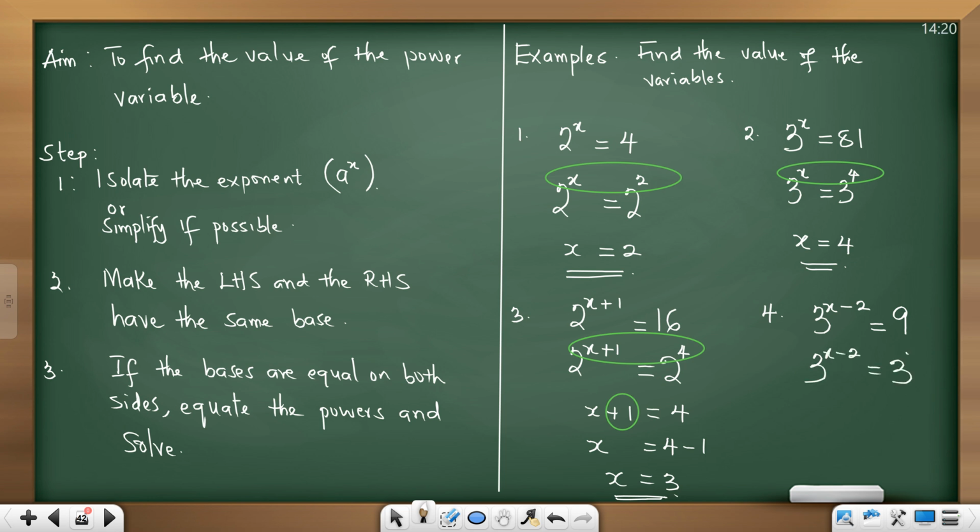Now this can be written as 3 to the power 2. So x minus 2 equals 2. The negative 2 then goes over and becomes a positive. x equals 4. Lovely. Please write that. We have a few more.